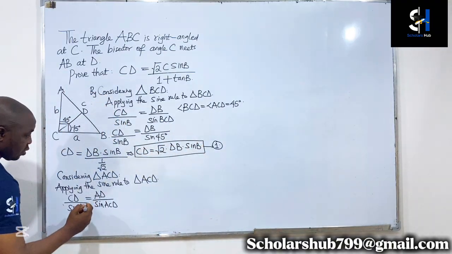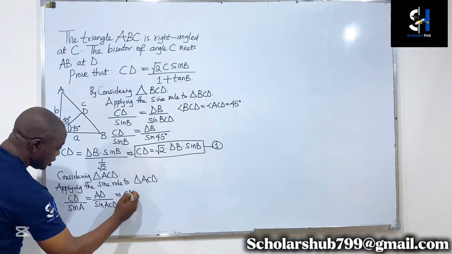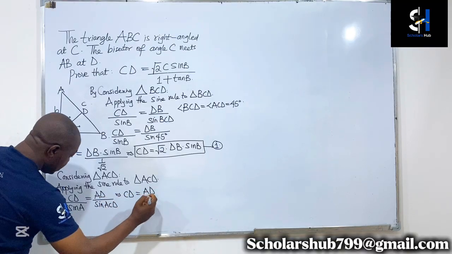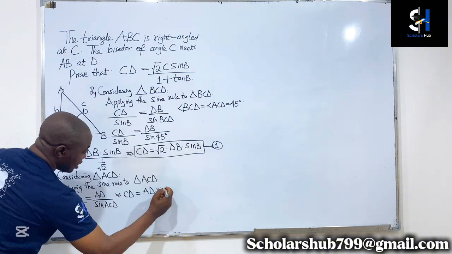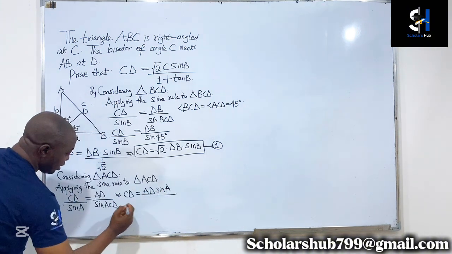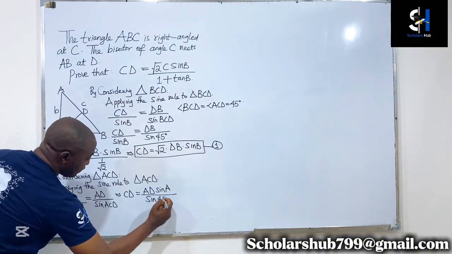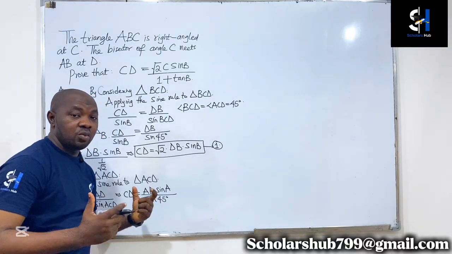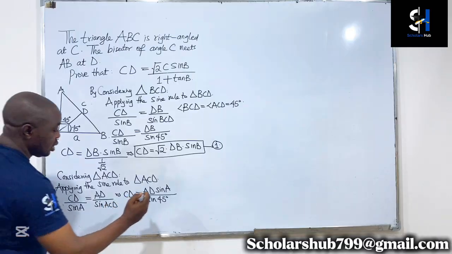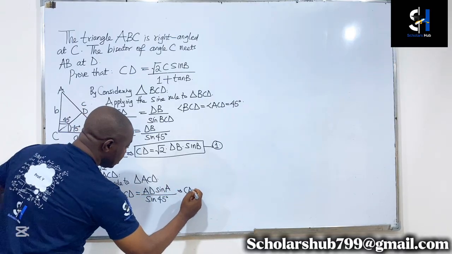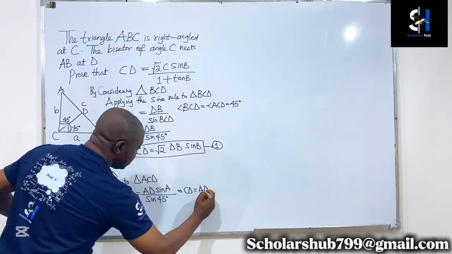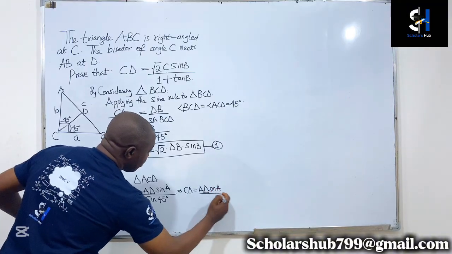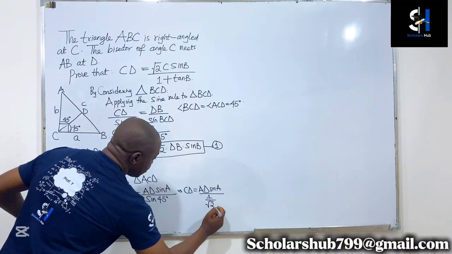So CD equals AD times sine A divided by sine 45 degrees. And again, we know that sine 45 degrees is 1 over radical 2. So CD equals AD sine A over 1 over root 2.